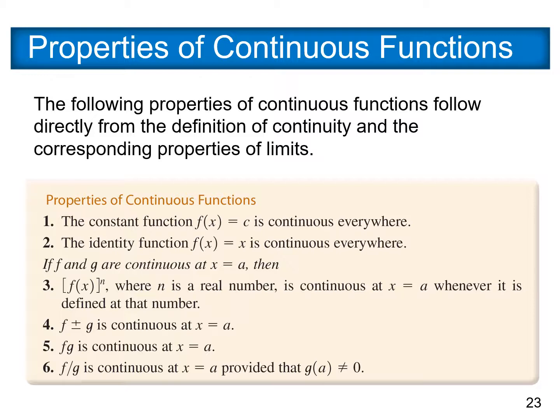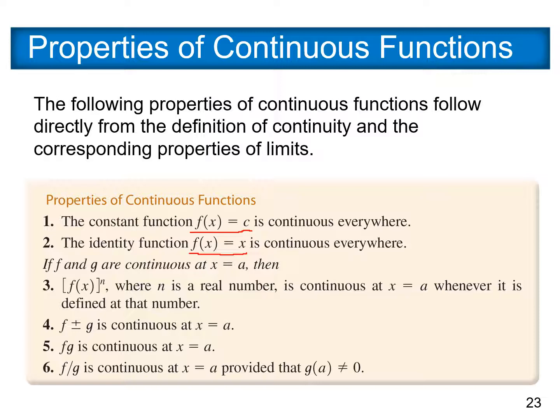Property number 1, the constant function: if you have a function f of x equals a specific number, let's imagine f of x equals 5, a function that is equal to a specific constant is continuous everywhere. The identity function, f of x equals x, is also continuous everywhere.